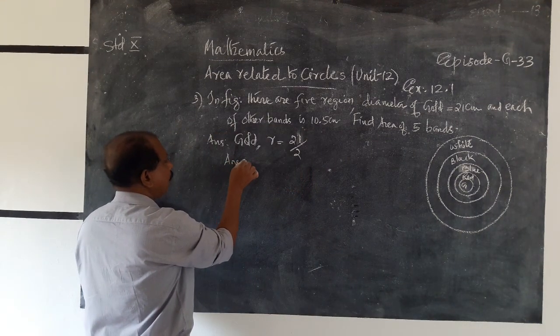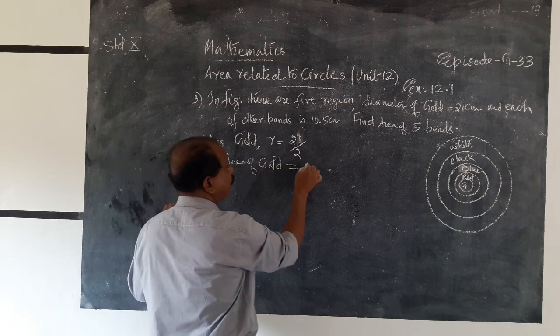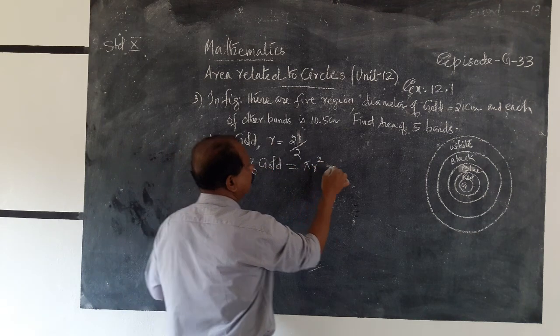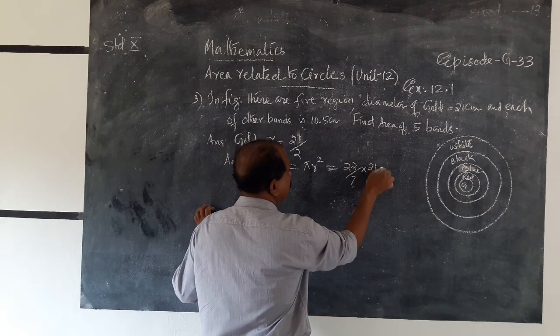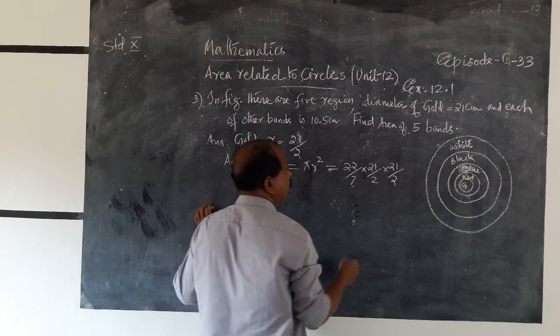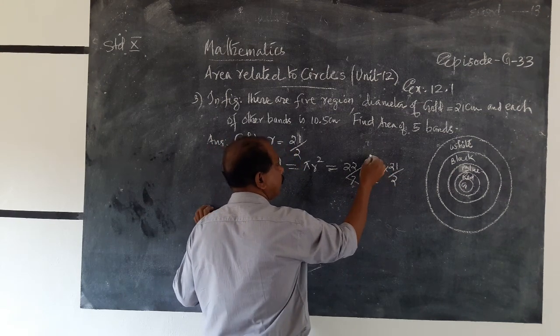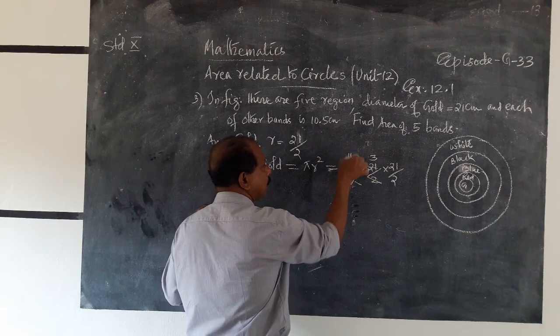Therefore, area of gold is equal to pi r square, which is 22 by 7 into 21 by 2 into 21 by 2. 7 and 21 cancels 3. 2 and 22 cancels 11.